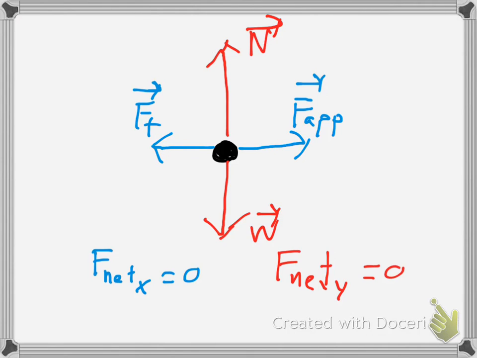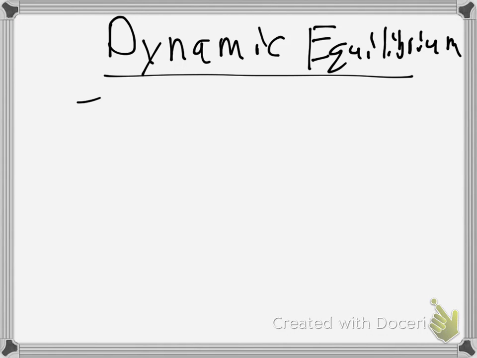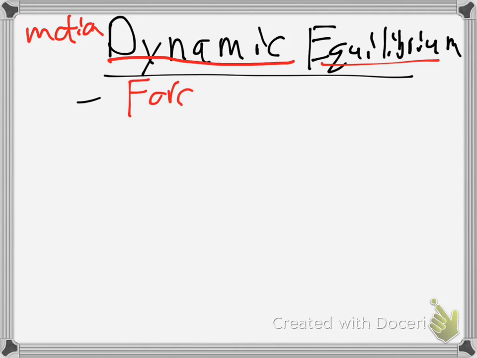What this is called is dynamic equilibrium. And this is also very easy to understand. This word dynamic implies motion, and equilibrium means equal. This implies the forces are equal in both directions.